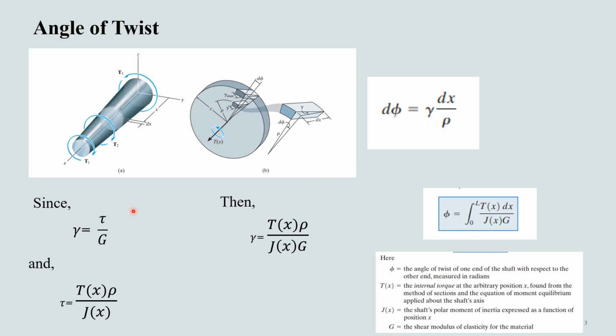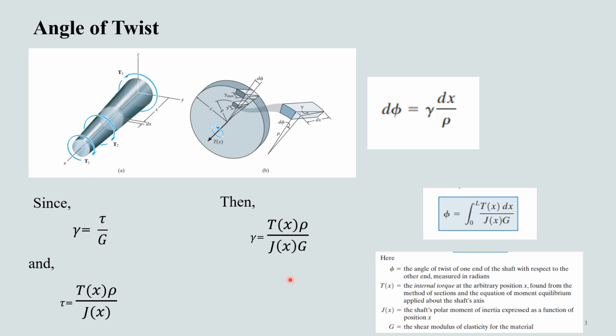Now, since gamma is equal to tau by G, and we have tau equal to Tx times rho by Jx, we can obtain gamma by just replacing tau in this equation.